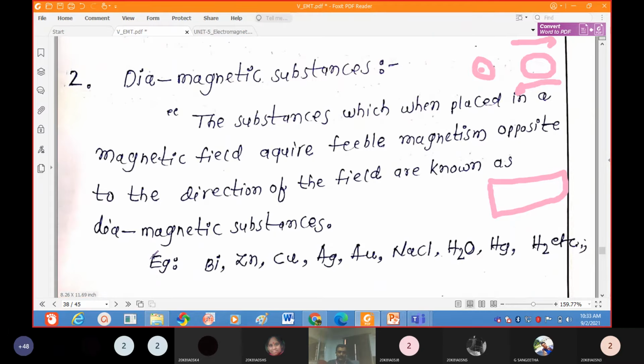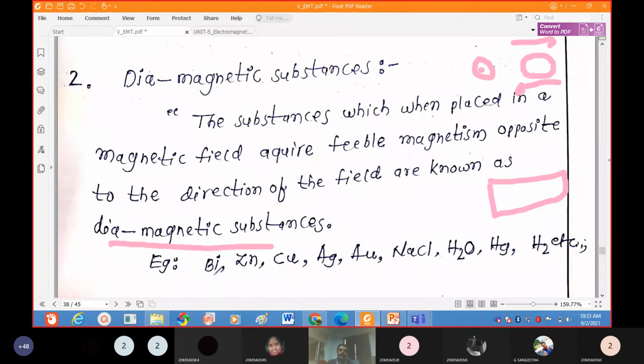This type of material, which is magnetized in the direction opposite to the field, we call diamagnetic substances.